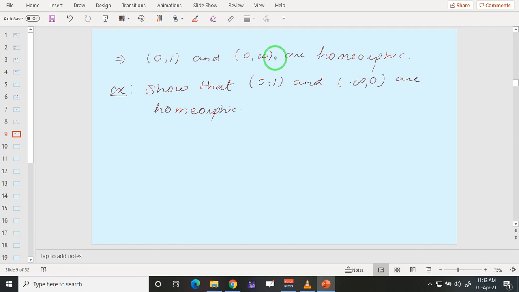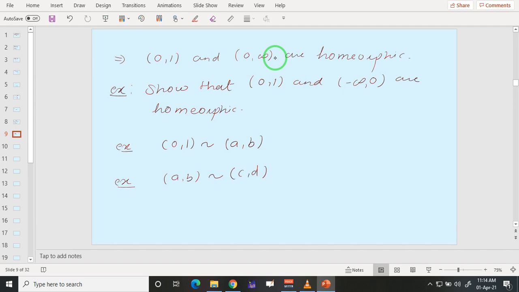Another exercise: we have taken the 0 1, but this 0 1 need not be with 0 infinity. You take any finite interval, 0 1 and a b. Next, you show that any finite interval a b will be homeomorphic to c d.